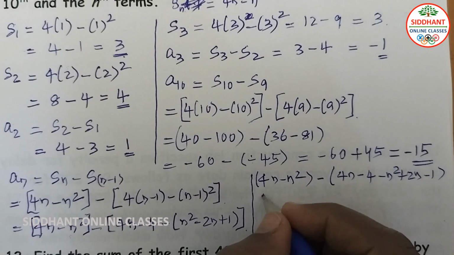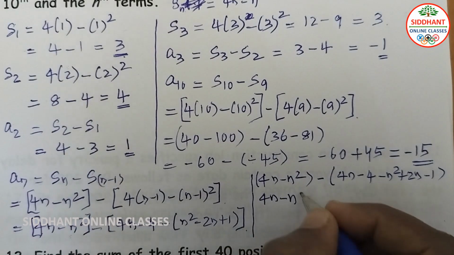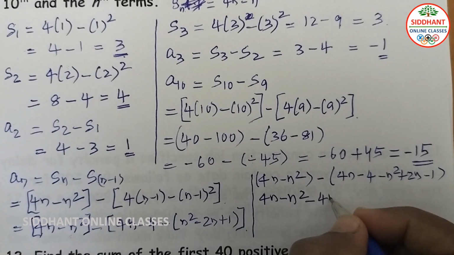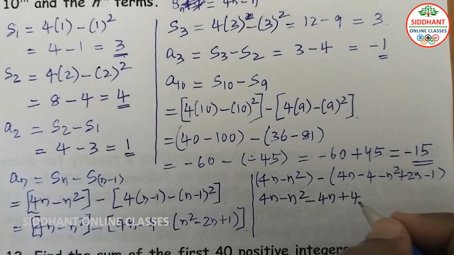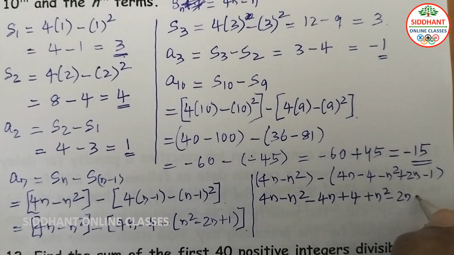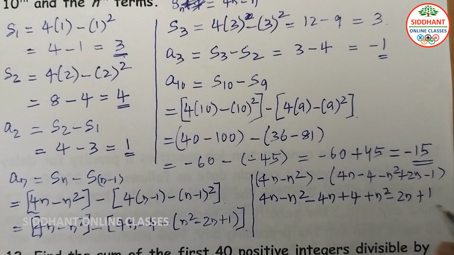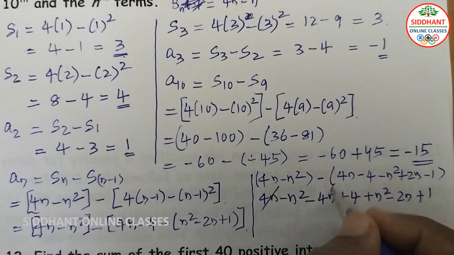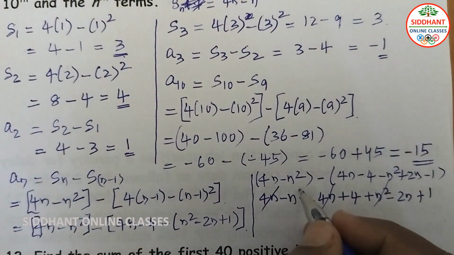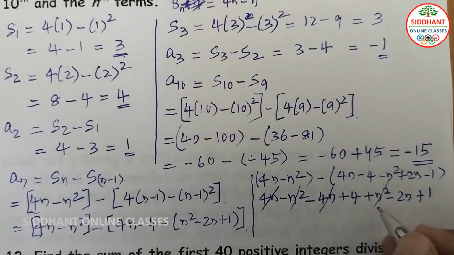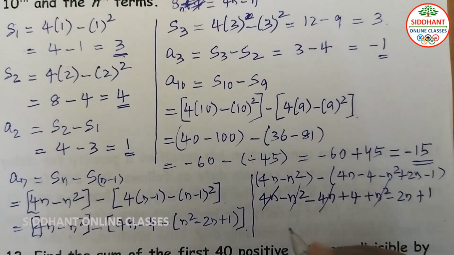So when you expand, 4n minus n square minus 4n plus 4 plus n square minus 2n plus 1. Here 4n cancels, n square cancels. Now we got 4 plus 1 which will be 5 minus 2n. So this will be an here.